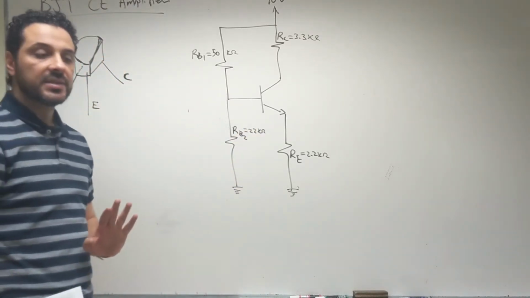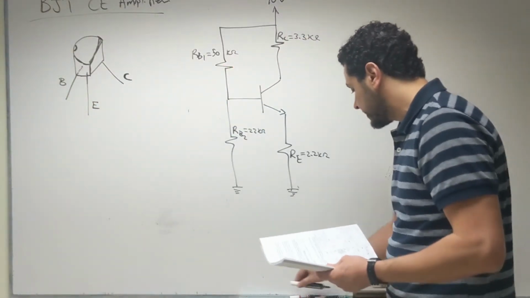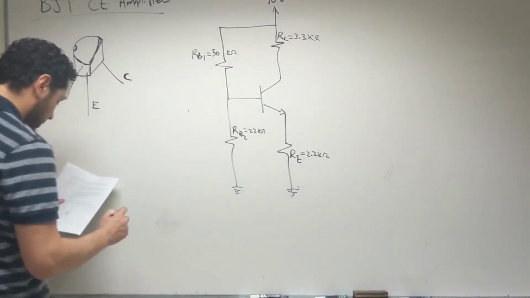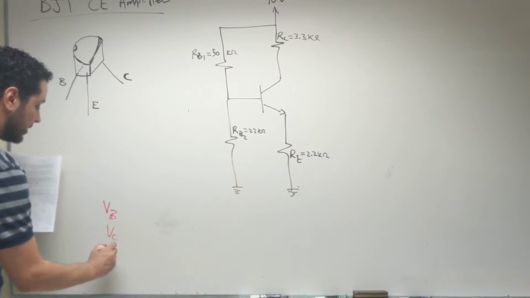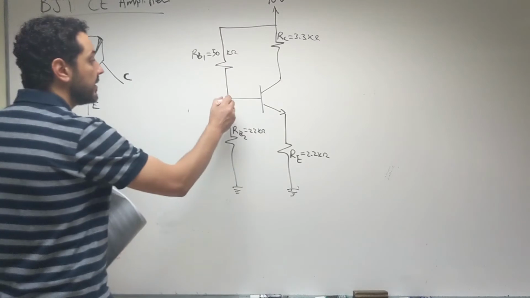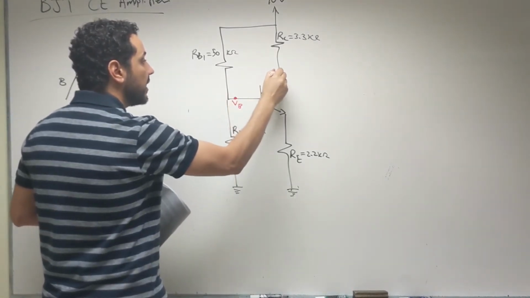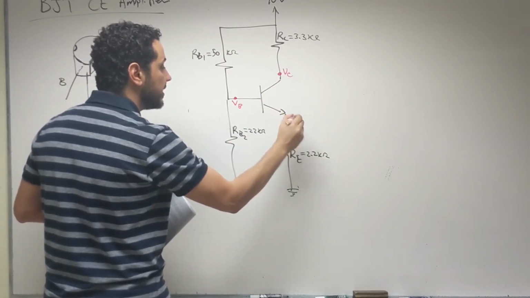Once we implement this DC circuit, we are required to measure some DC measurements. For example, we are going to measure the value of all voltages: V base is here, V collector is here, and V emitter is here.